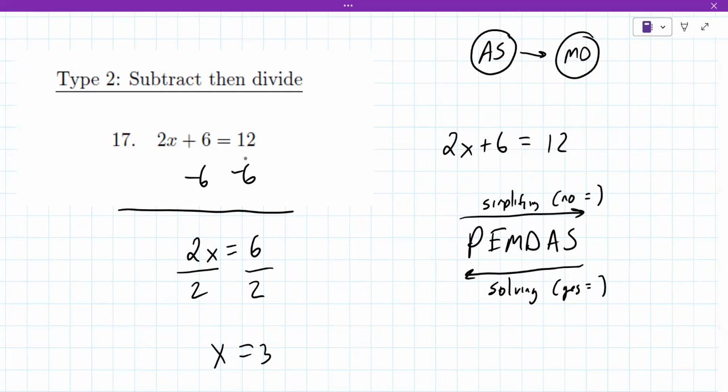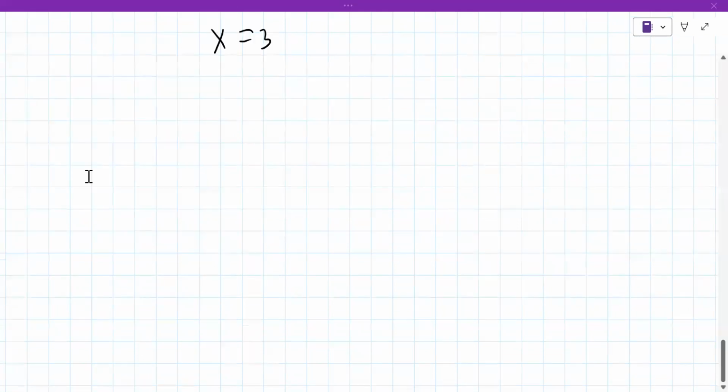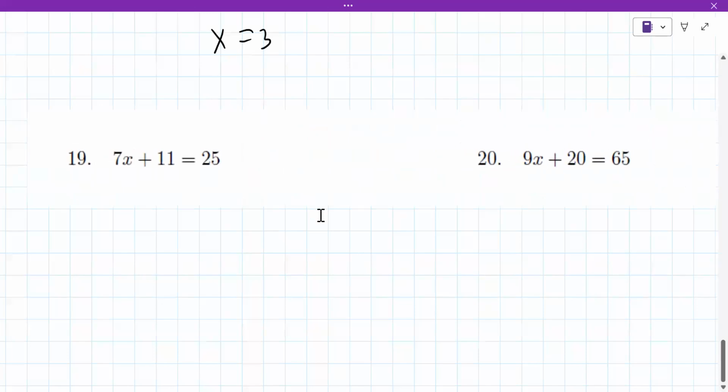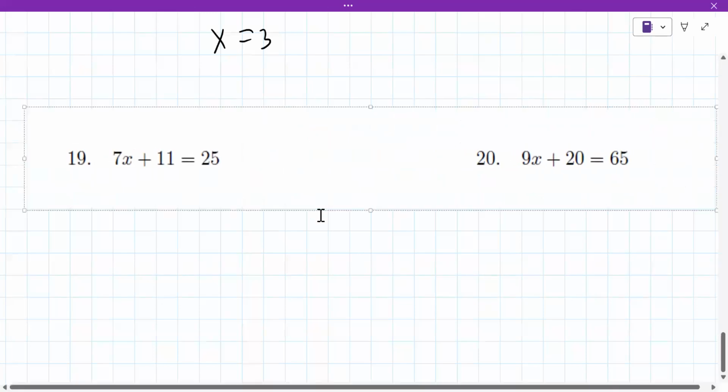Okay. All right, so let's have you look at another problem here. I'll put 2 in front of you now. All right, so these are both subtract and then divide, subtract and then divide.